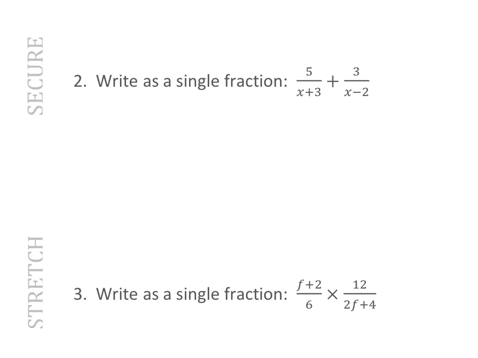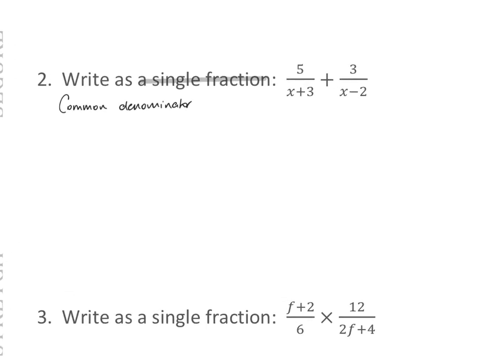Number 2, write as a single fraction, and we have this fraction here. Now, when we are adding fractions, what we need is a common denominator. Okay. Now in this case, what we're going to do is we are going to multiply the denominators together, and that is going to give me my common denominator.